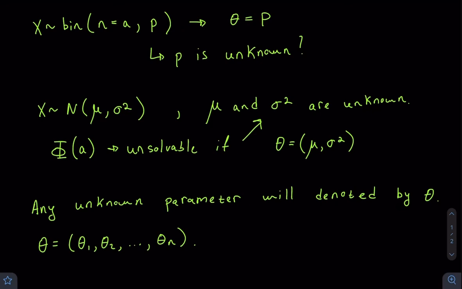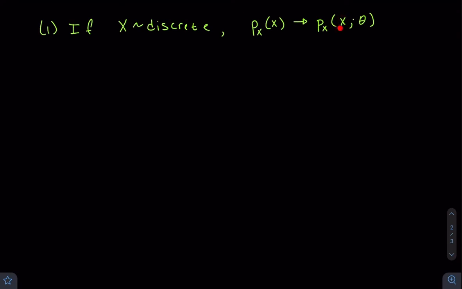When we have an unknown parameter, we need to denote that in our probability mass function or probability density function. If x were discrete, then the probability mass function, the PMF of x, would get denoted like this, where we separate the variable and the unknown parameter by a semicolon.